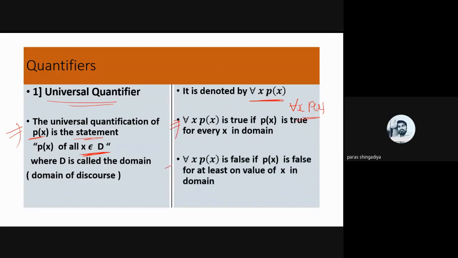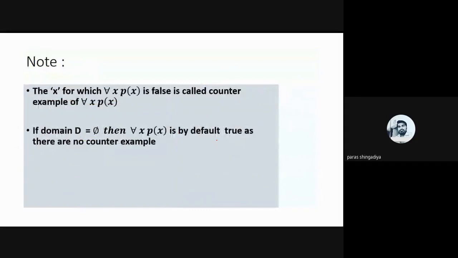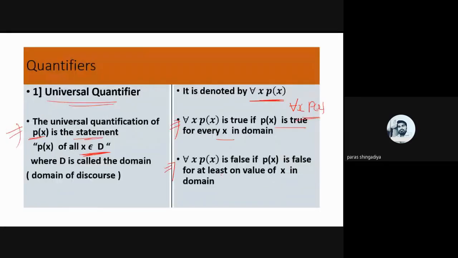This is important for us. Every x p of x is true if p of x becomes true for every value of the domain. If it is true for all values of the domain, then the universal quantifier will be true. And it is false if it is false for at least one value of the domain.